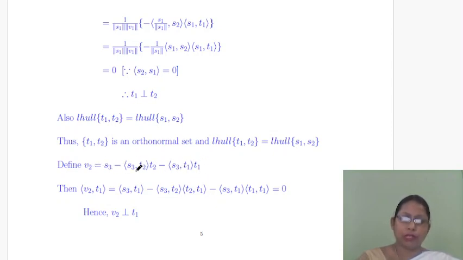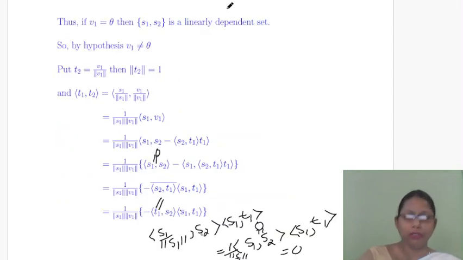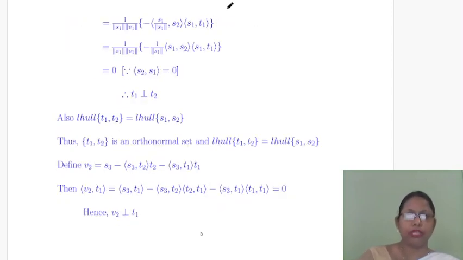B2 is S3 minus the inner product of S3 T2 multiplied with T2, minus the inner product of S3 T1 multiplied with T1. Now take the inner product of B2 with T1.